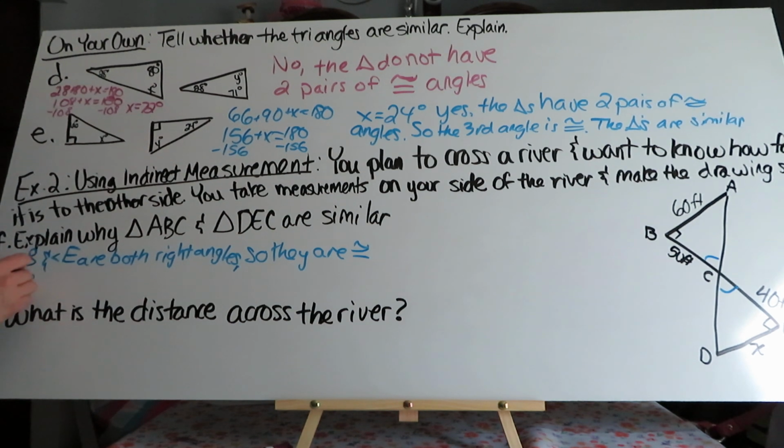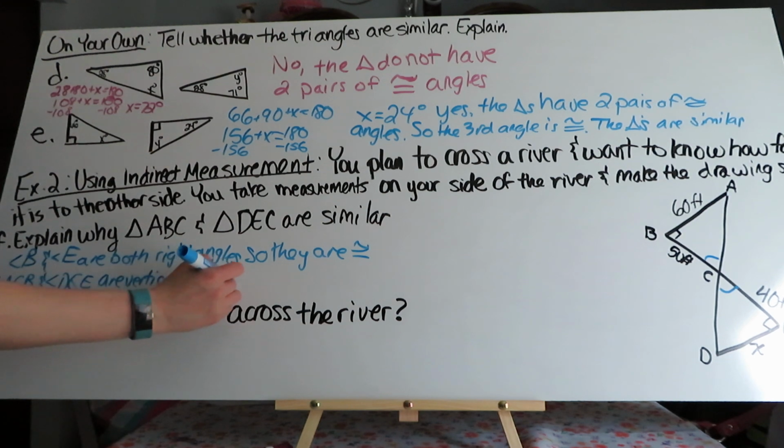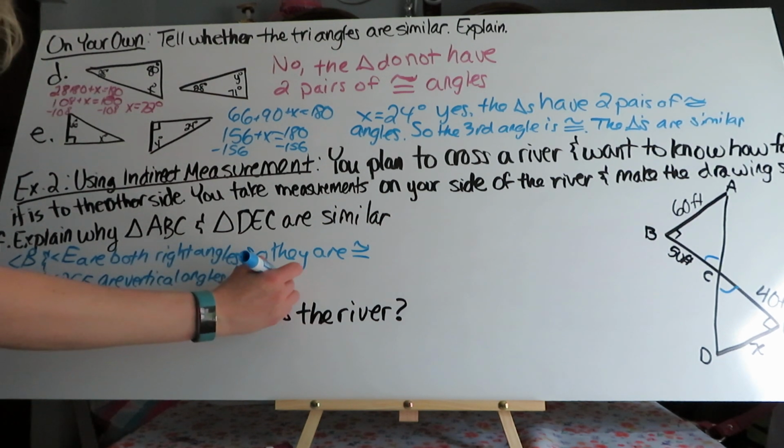Angle ACB and angle DCE are vertical angles, so they are congruent.